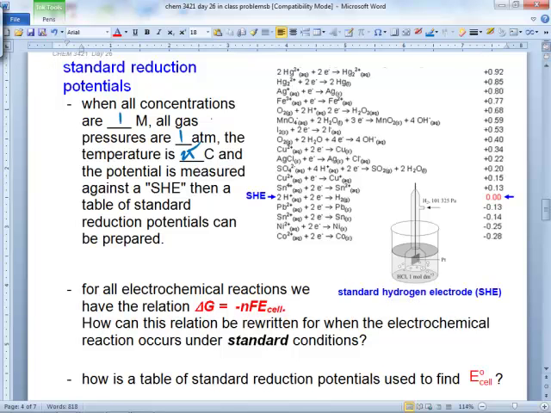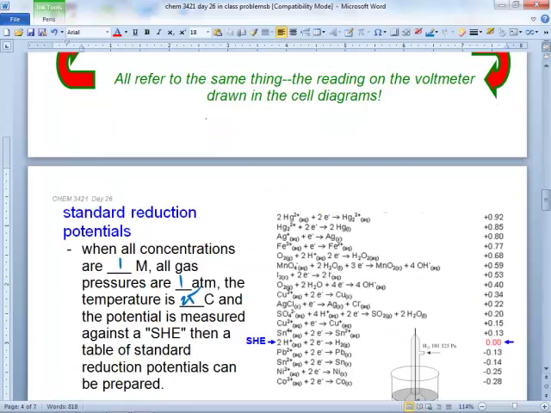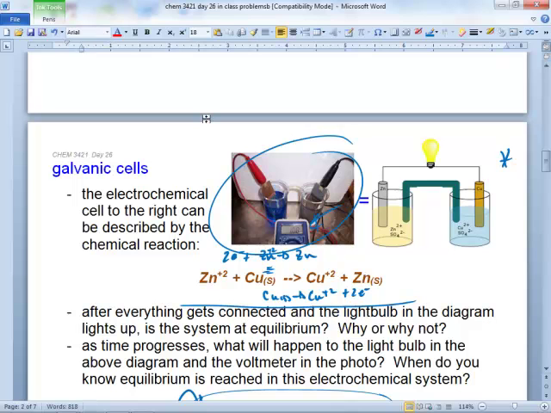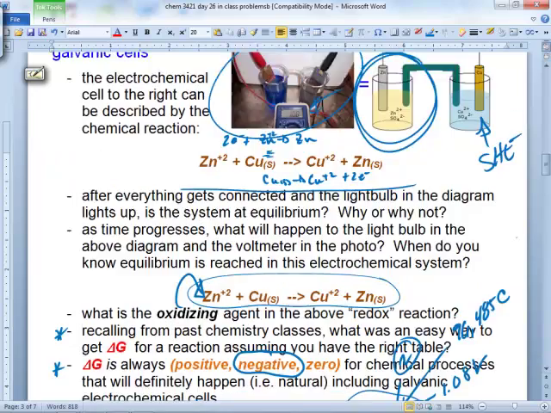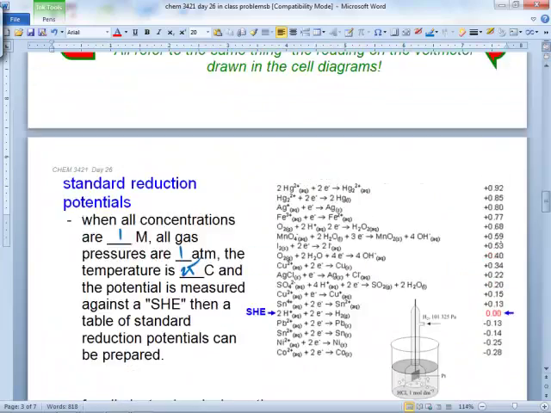And so what they're saying is that one cell has to be, whatever you want to make it, but the other one has to be an SHE. What does SHE stand for?